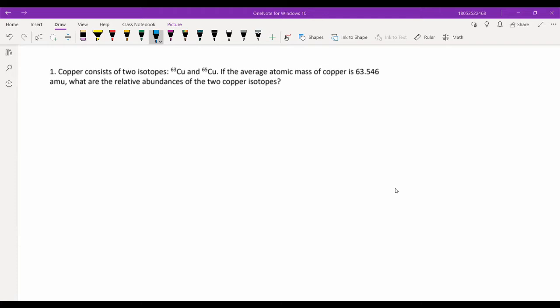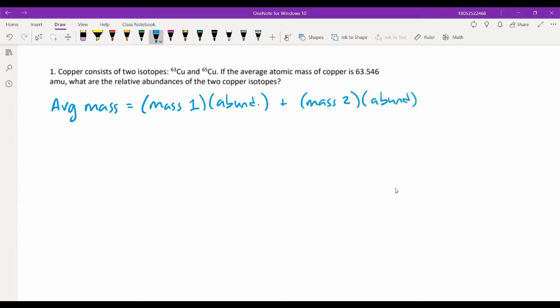So you may recall from lecture, there's this formula that gives you the average mass of an element, and you take the mass of isotope 1 multiplied by the abundance of that, and you just basically continue for however many isotopes you have. So the mass of a particular isotope times its abundance, adding that up gives you the average mass. This is just a weighted average formula.